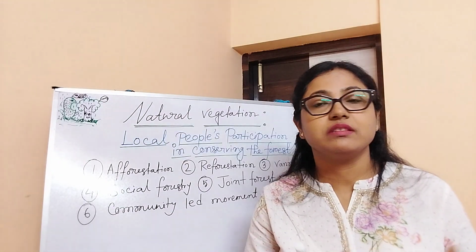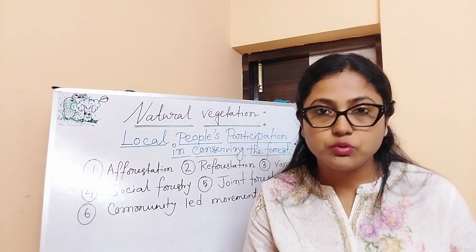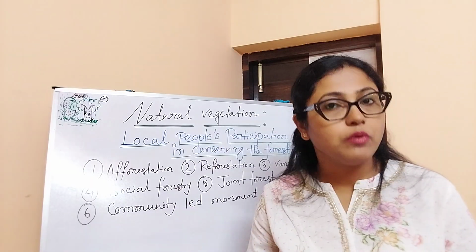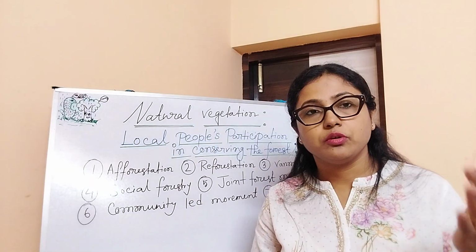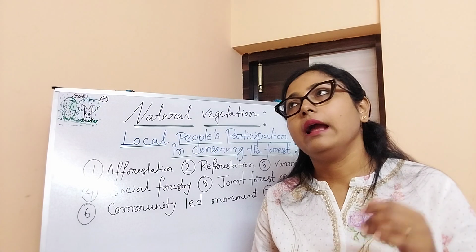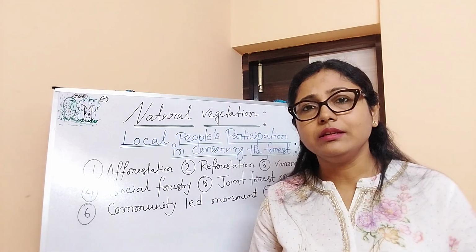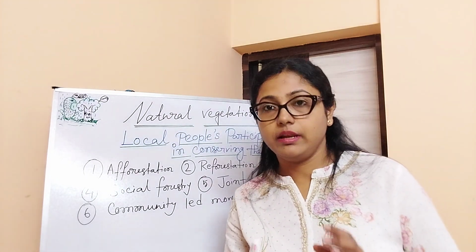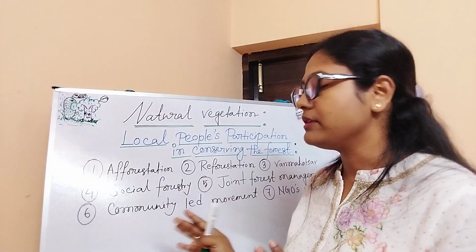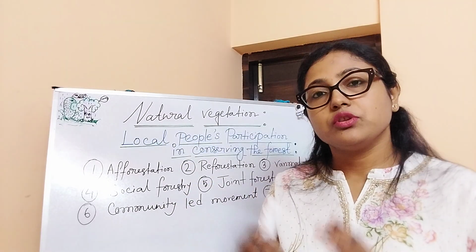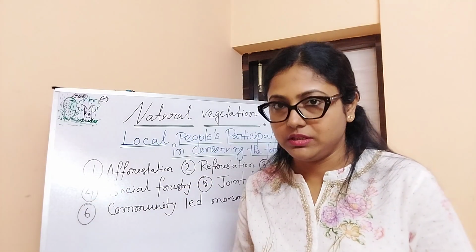Non-timber product means medicinal herbs, some fallen twigs, they can use it as fuel, and many other non-timber products they get, like honey and all, they will get from the forest. Okay, so this is called joint forest management.